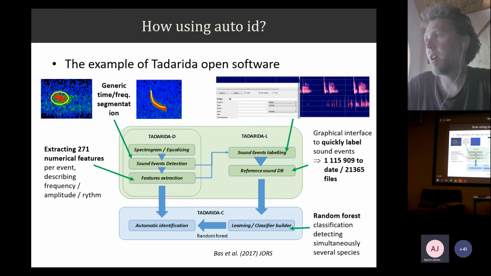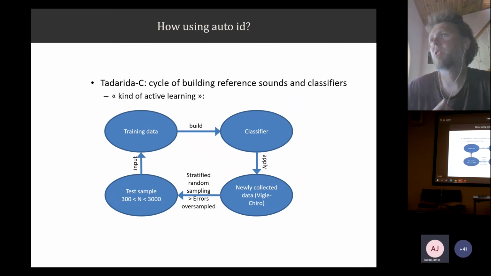At first we used mainly the random forest algorithm to train the classifier, and we trained it in a basic active learning process by feeding it with the newly collected data from the monitoring scheme.